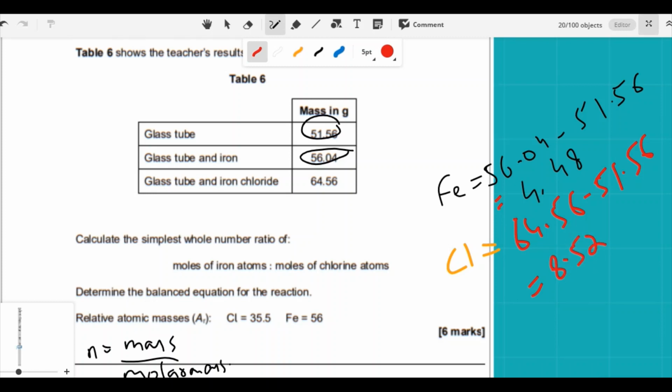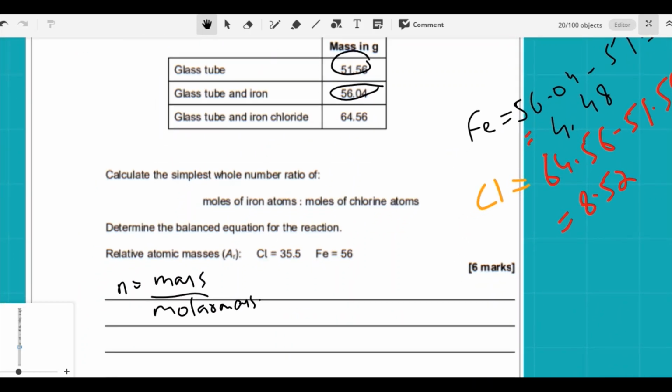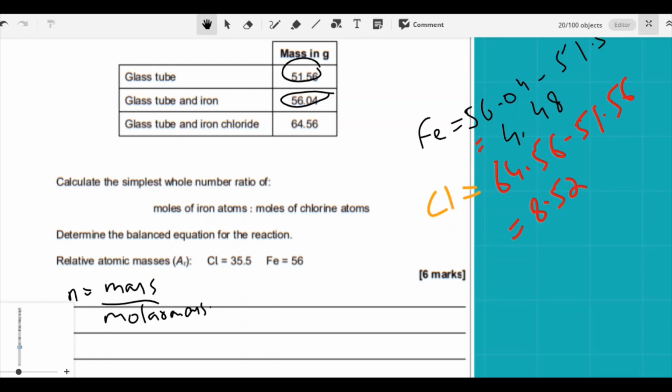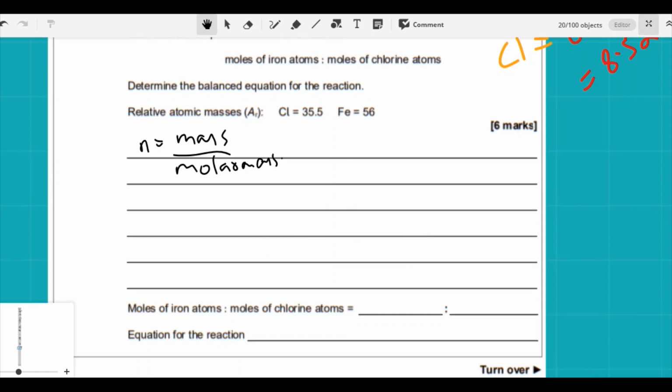8.52. Okay, now here it means that here is 4.48 grams of iron and chlorine, that is 8.52.